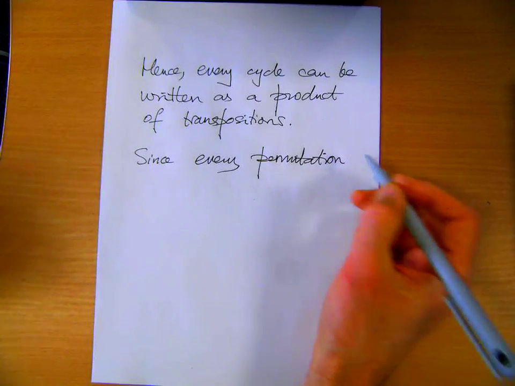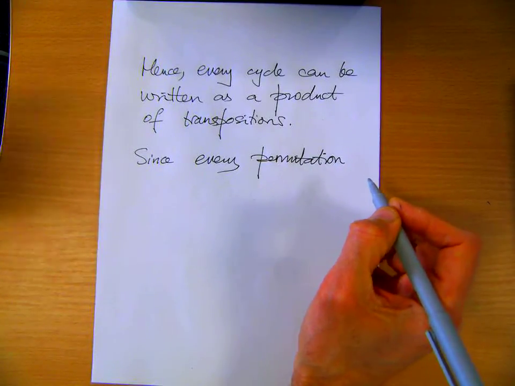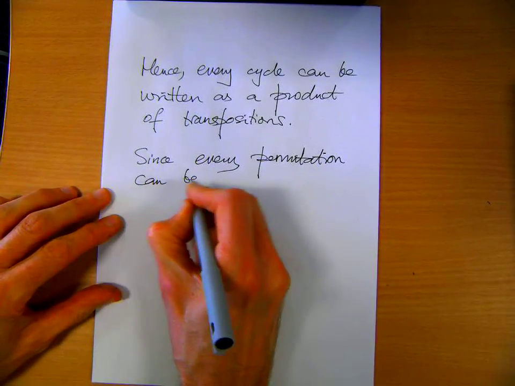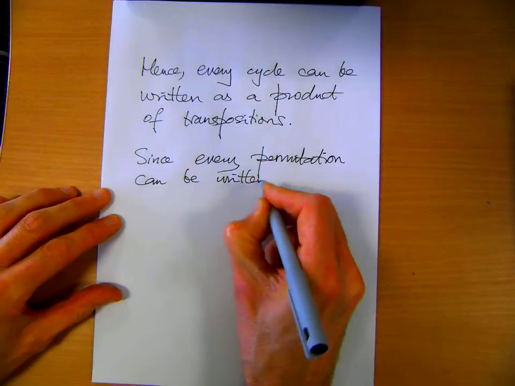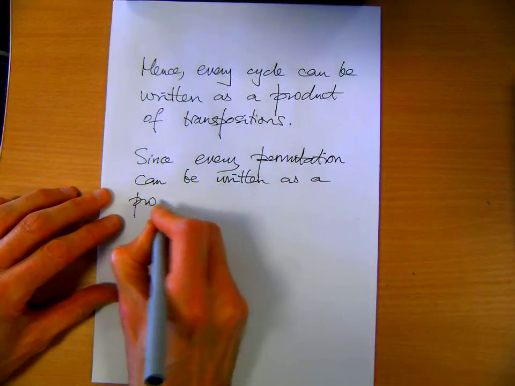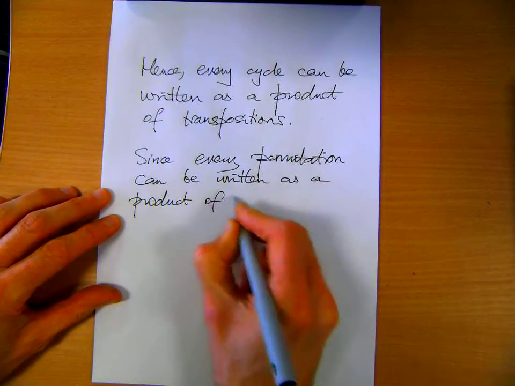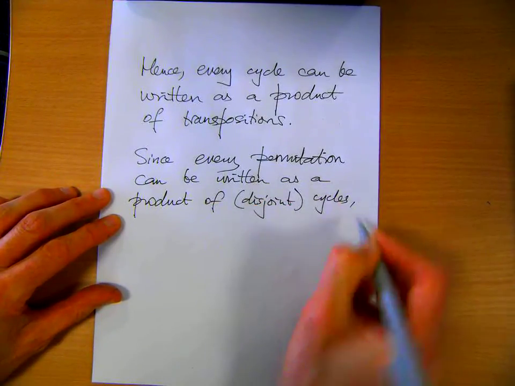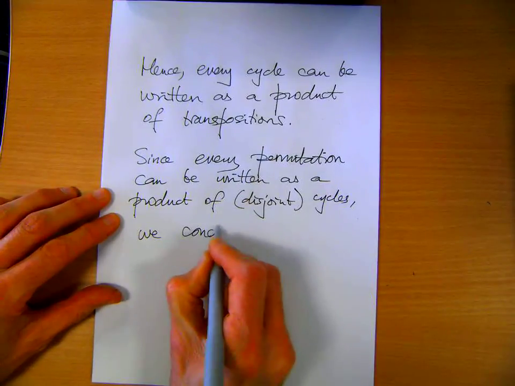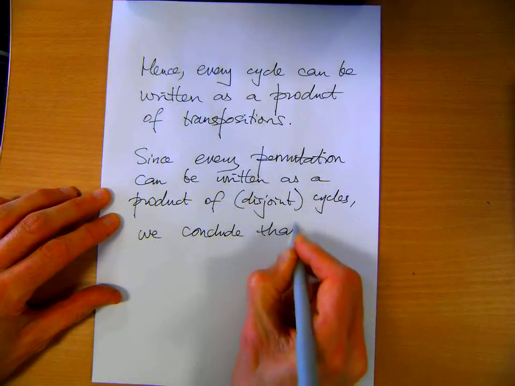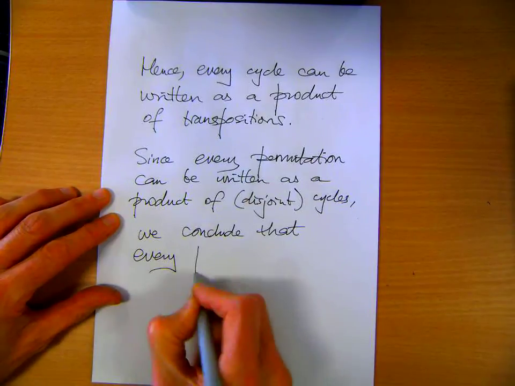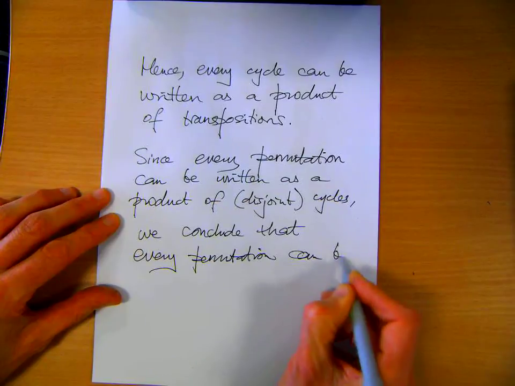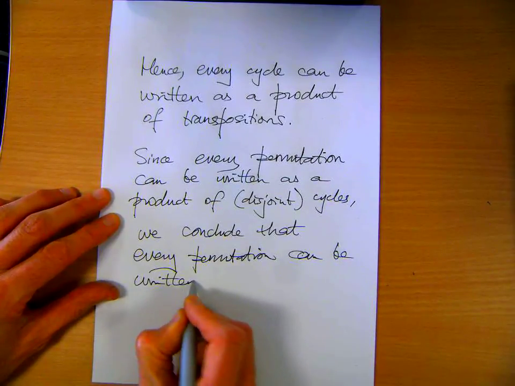We're now talking about permutations of finite sets. When I use the word permutation rather than bijection, we tend to be talking about finite sets. So since every permutation can be written as a product of cycles, in fact disjoint cycles, we conclude, and this is the important thing, that every permutation can be written as a product of transpositions.